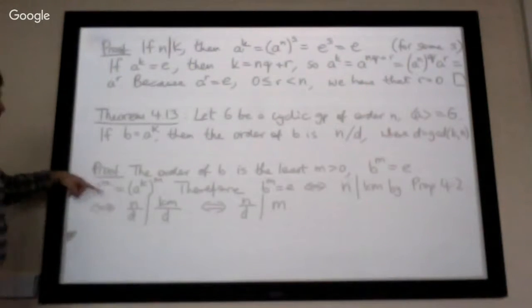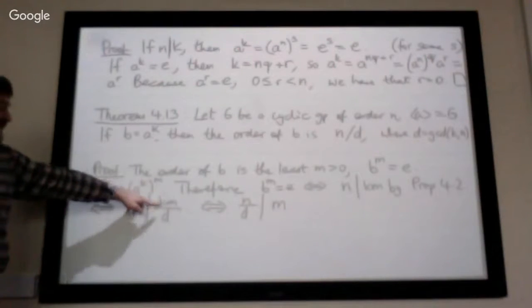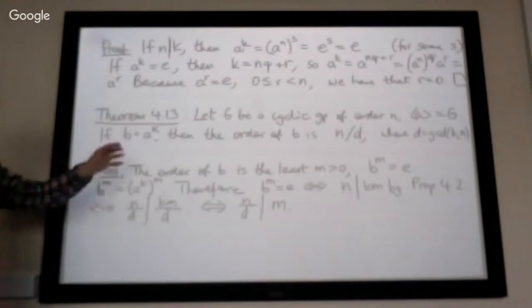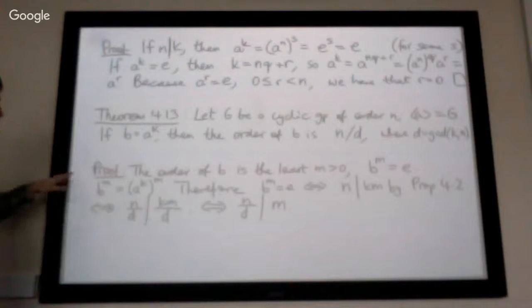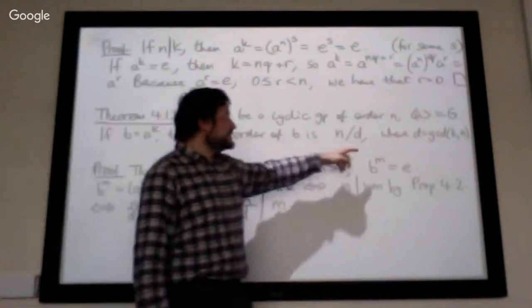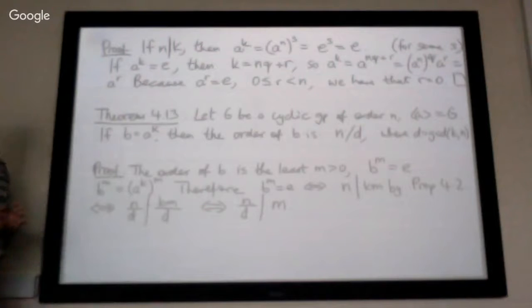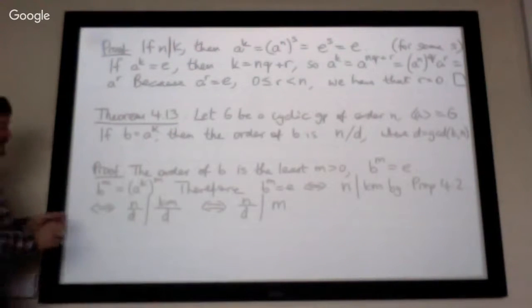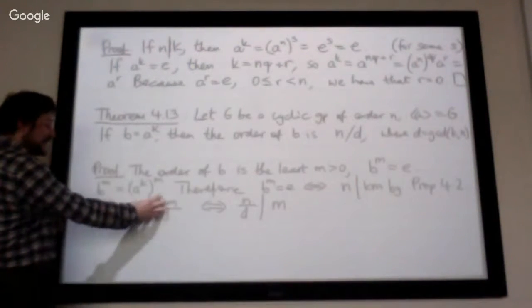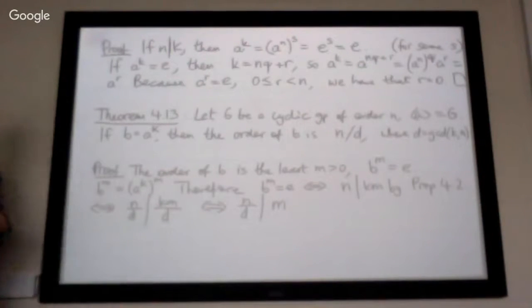Now n is a divisor of km if and only if n over d is a divisor of km over d. I could just divide both by d and that preserves it. Now here, because d is the greatest common divisor of n and k, n over d and k over d are relatively prime. So n over d has to be a divisor of m.